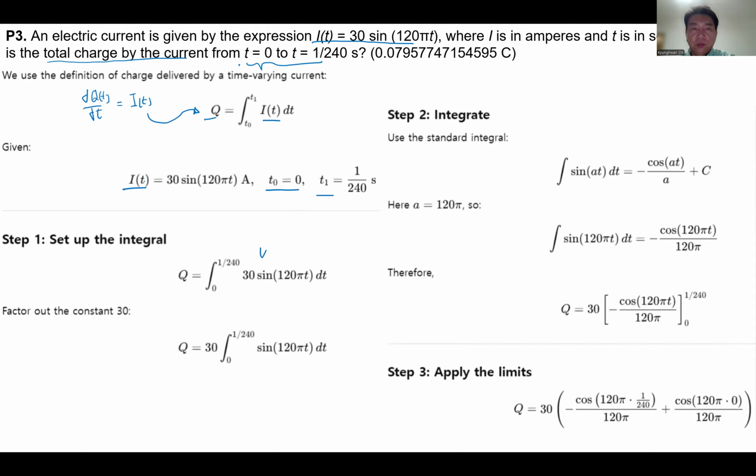And then this integral will turn into these equations. And then if you just apply this time, you will get the final result is this. So if you take care of this numerical calculation, you will get the answer.